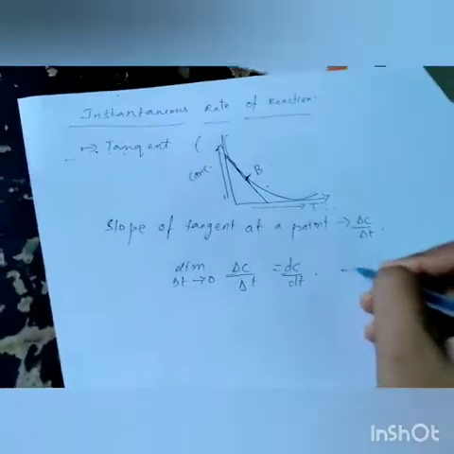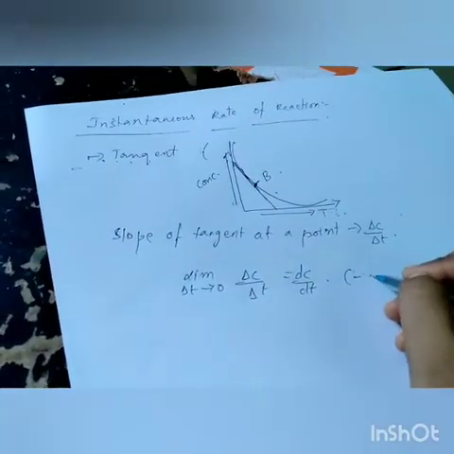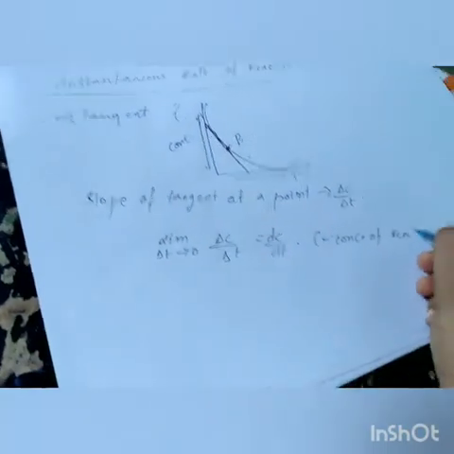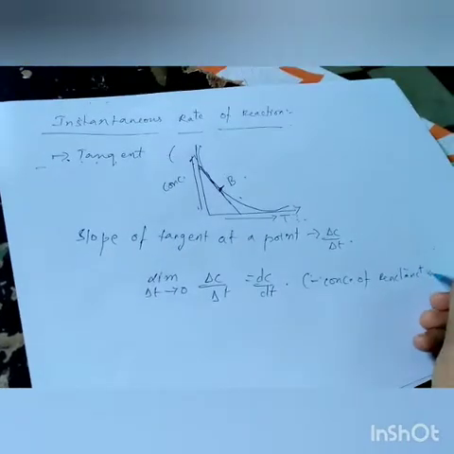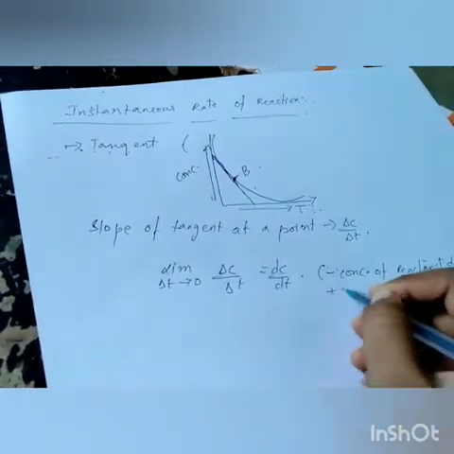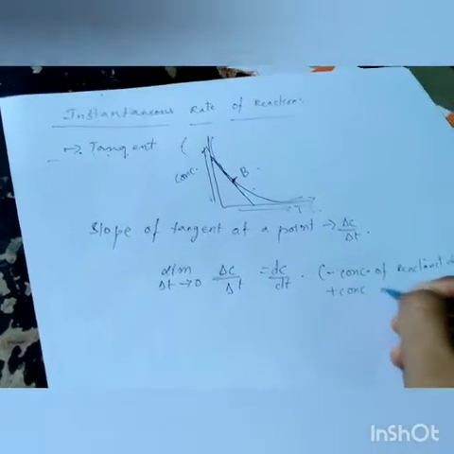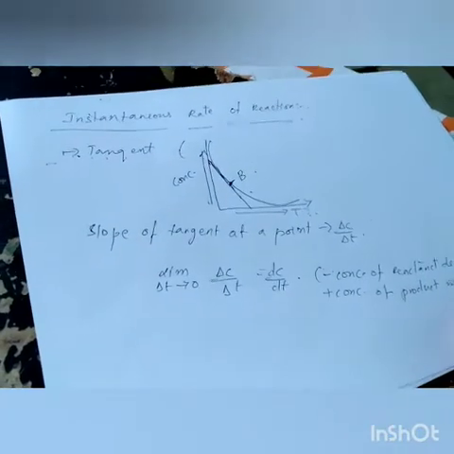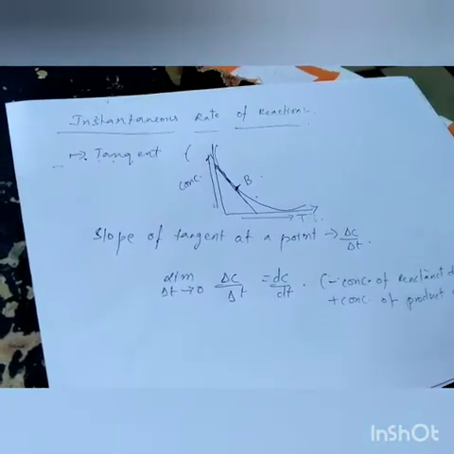Now minus sign represents the concentration of the reactants decreases with respect to time, and a plus sign will represent the concentration of products increasing with respect to time.